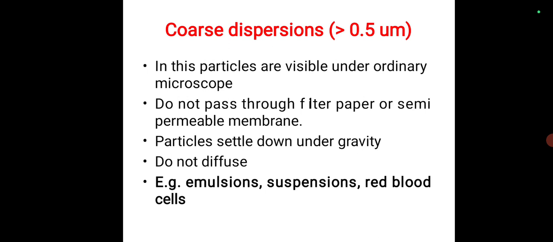Particles settle down under gravity, because as the molecular weight increases they settle easily. They do not diffuse because they are very large in diameter. Examples are emulsion, suspension, or red blood cells.